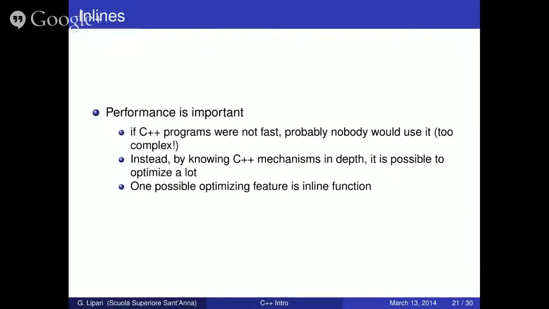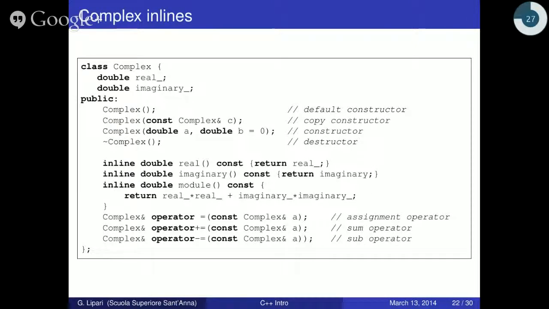Okay? And one possible optimizing feature is to specify functions as inlines. You just write inline in front of the function, and you have to put the code directly into the header file. So for example, candidates for inlining are for sure real, because it just returns a number, and imaginary, and module, because it's just a very simple expression. Okay?